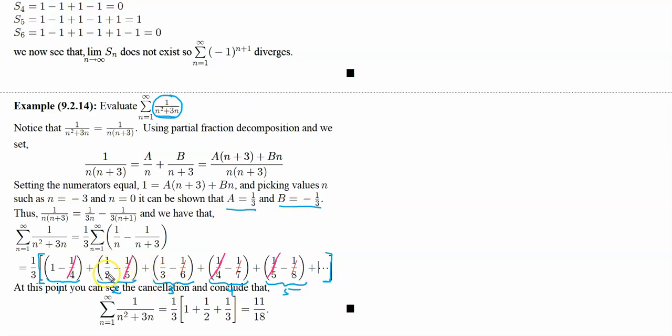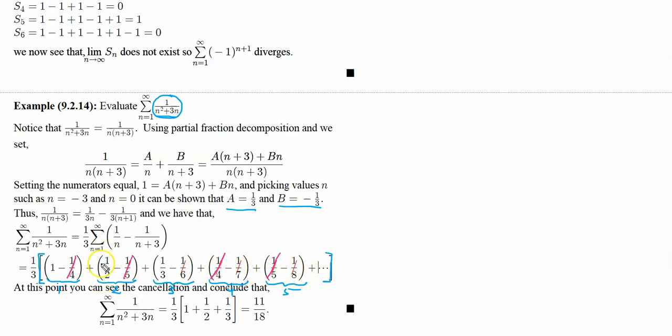Now the 1/2, there aren't any other 1/2 terms out here that are going to be occurring. You see, because this is 1/4, and then it goes to 1/5, and 1/6 would be the next term, and you have a minus 1/7, minus 1/8, minus 1/9, so you're not going to get any more -1/2s in here.